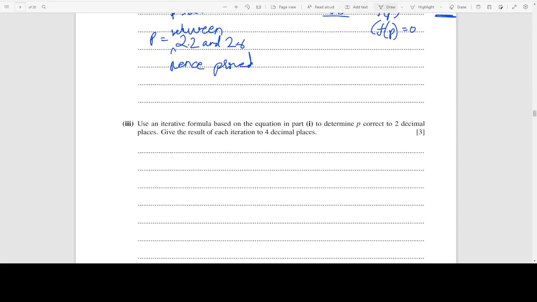Now you have to find the value of p correct to 2 decimal places, and each iteration to 4 decimal places. So let's take the first value as some random value between 2.2 and 2.6, which is 2.4.